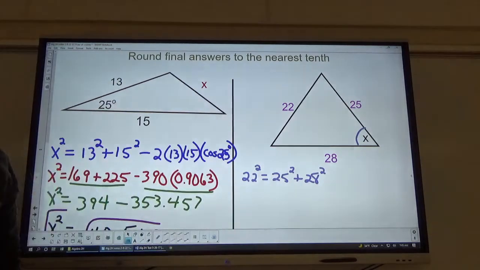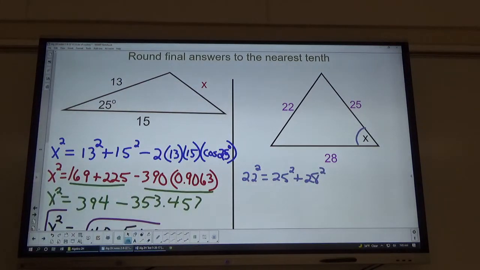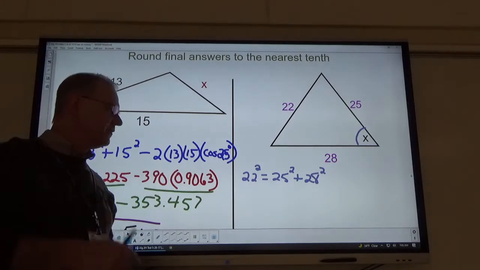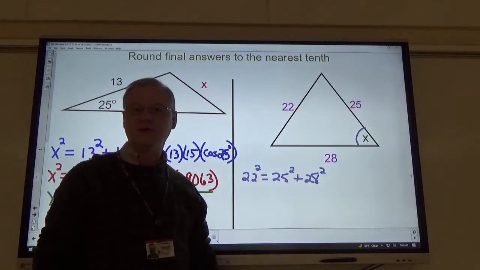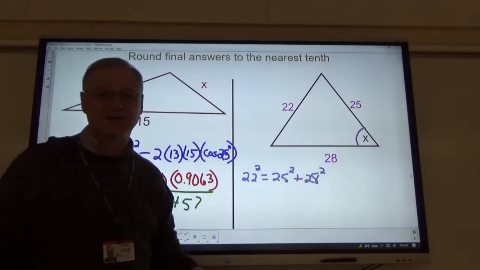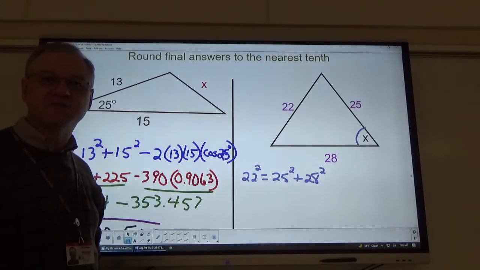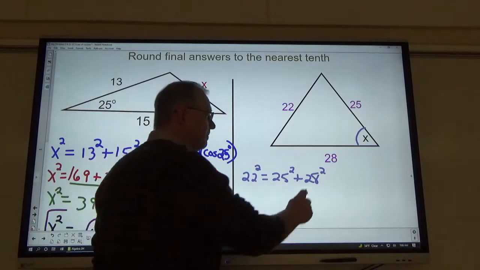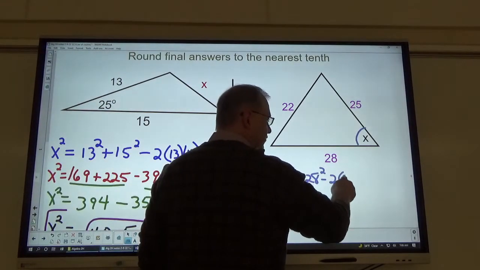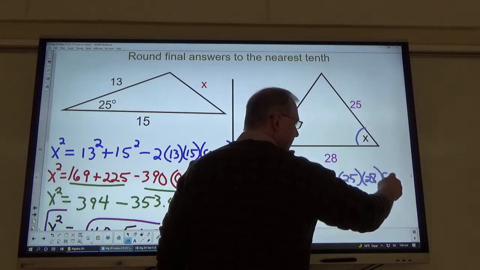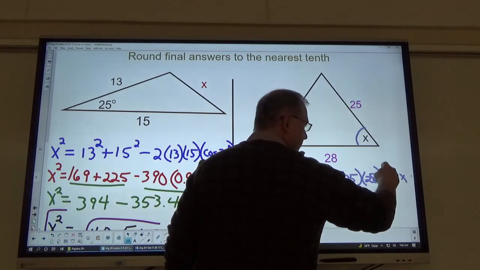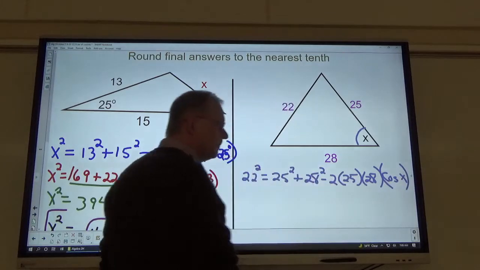Now, for me, personally, I like to put the other 2 in numeric order, but it's not necessary, it just helps me keep track of what I've done. Minus 2 times 25 times 28 cosine of x. Probably should have left room there. All right.